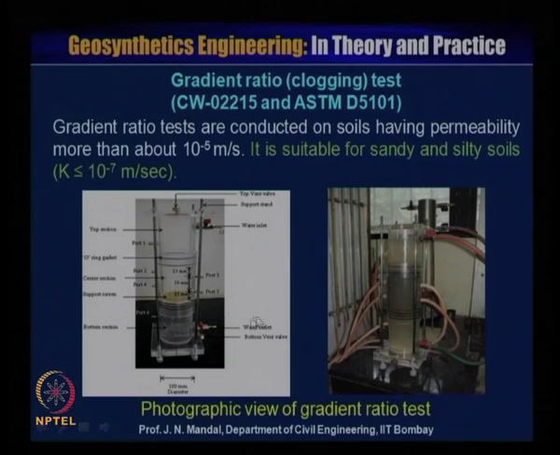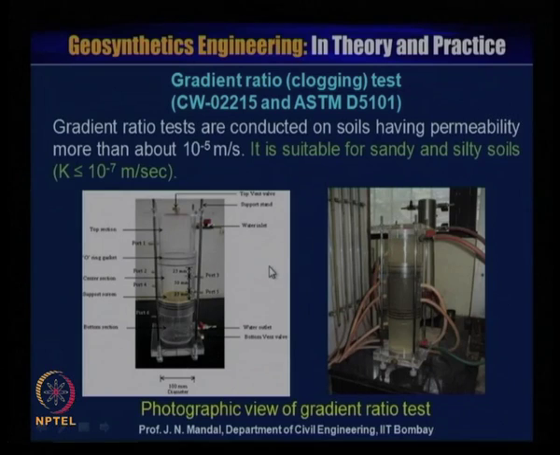This is the photographic view of the gradient ratio test, and here is the equipment with which you can measure the gradient ratio. I am just showing in detail this portion, and how you can measure the head.